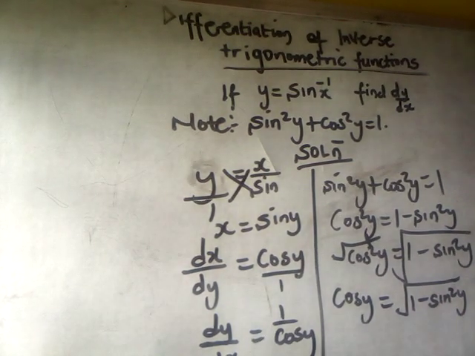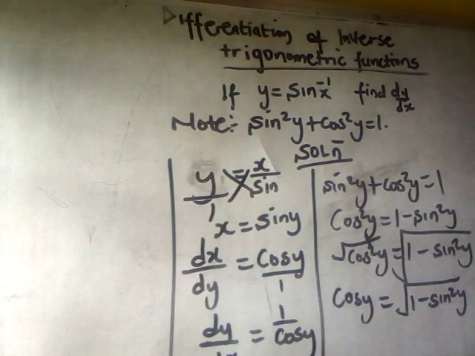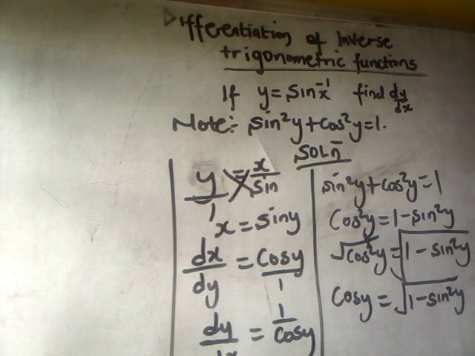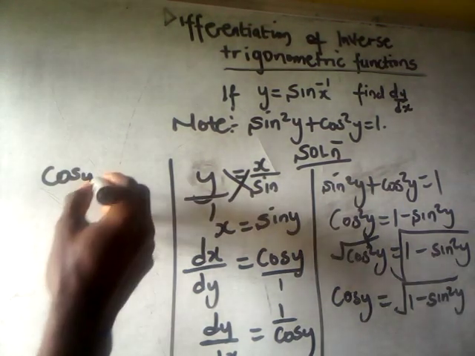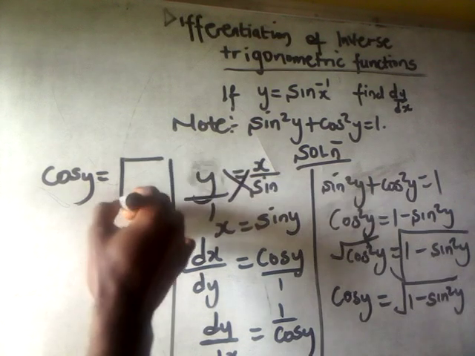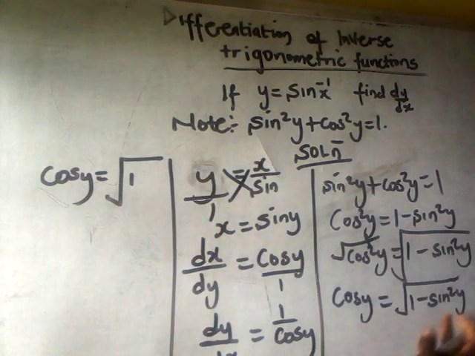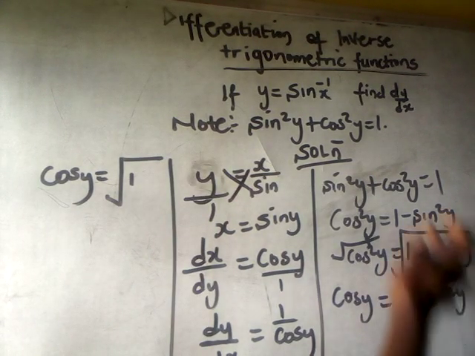I will not just conclude at that point. So from here, I have here cos y is equal to the square root of 1 minus sin² y.